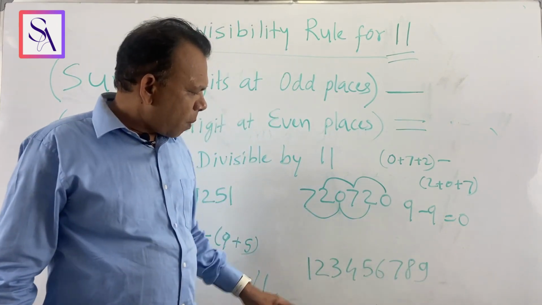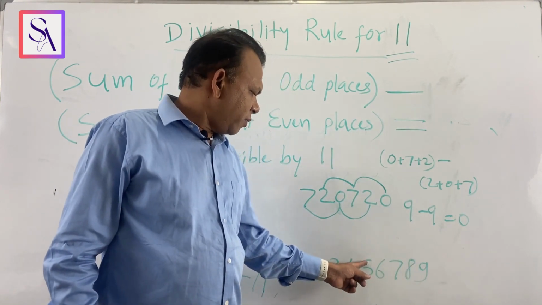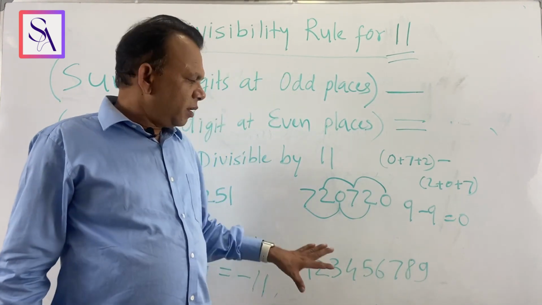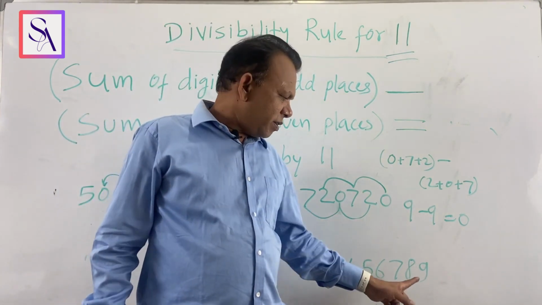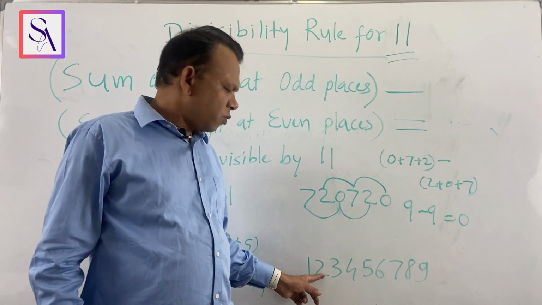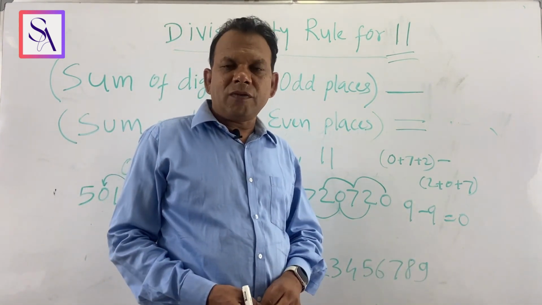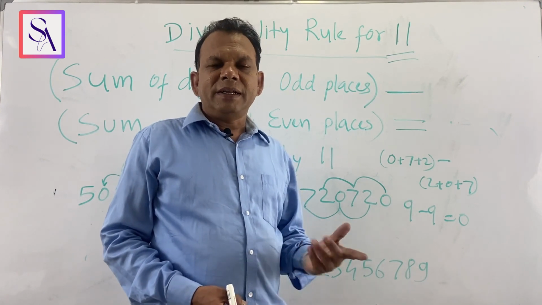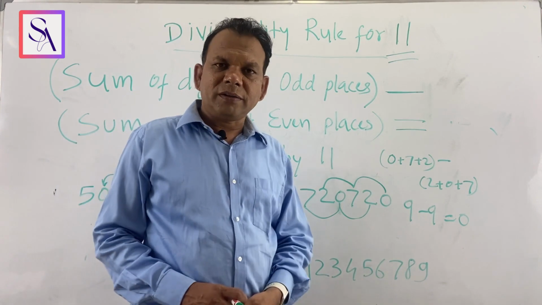Just add odd place digits, that is 9 plus 7 plus 5 plus 3 plus 1, get the sum of that and subtract even place digits like 8 plus 6 plus 4 plus 2 and see if it is coming 0 or a multiple of 11, right? Then this number is divisible by 11. If not, then it is not.